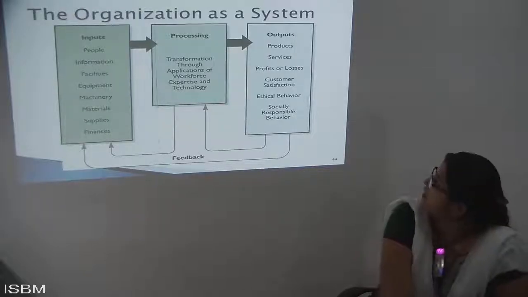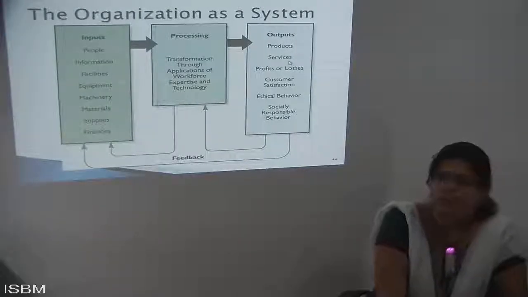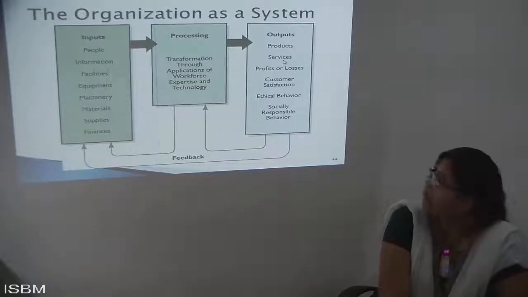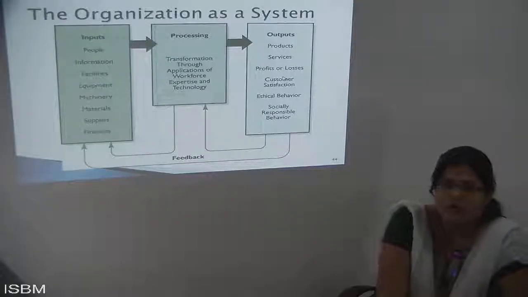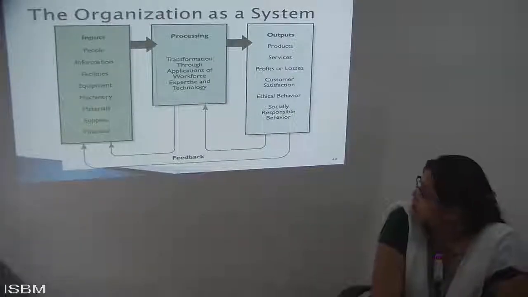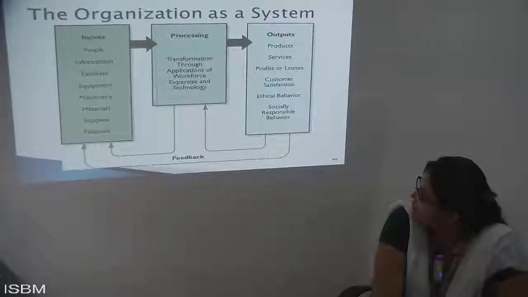Finally, you get output in the form of products and services. You know what is the profit and what is the loss, you get customer satisfaction, ethical behavior and socially responsible behavior. So ultimately, with these arrows only, you can see it.